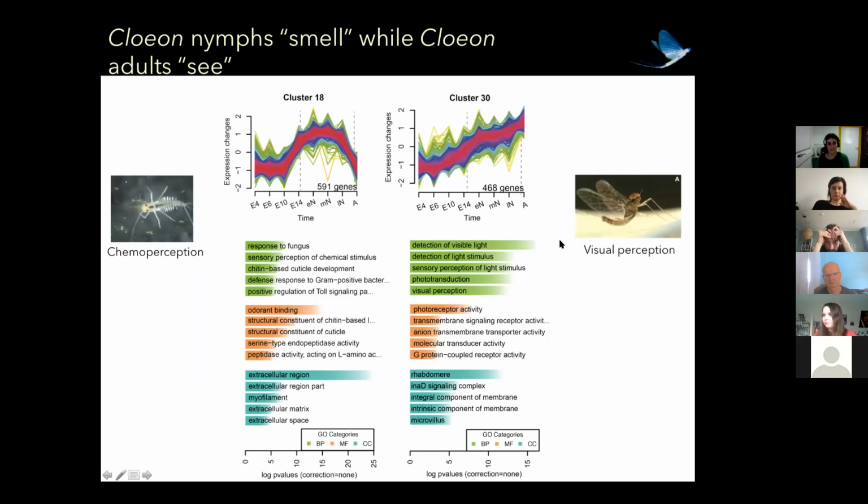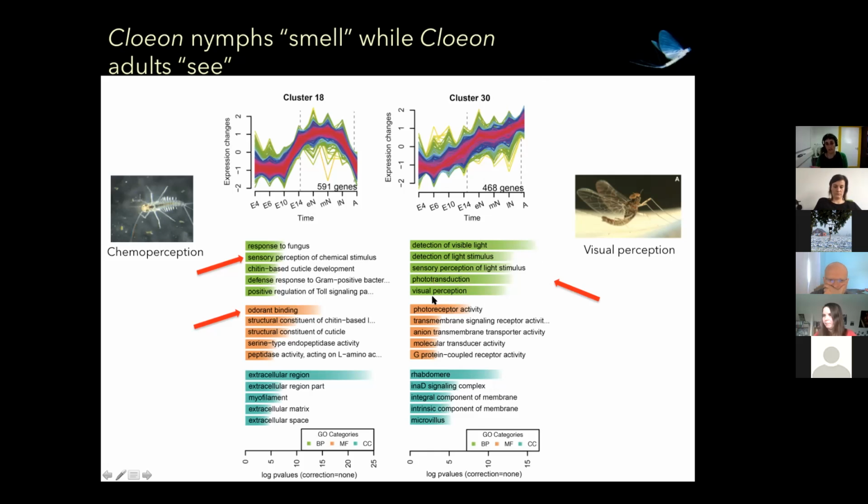We did a gene ontology enrichment analysis, and when we looked at the terms enriched in each of these clusters, we observed that the genes highly expressed during nymphal stages showed enrichment of terms related to perception of chemical stimuli or odorant binding. Whereas the clusters that contain genes highly expressed during adulthood showed an enrichment in terms related to vision.